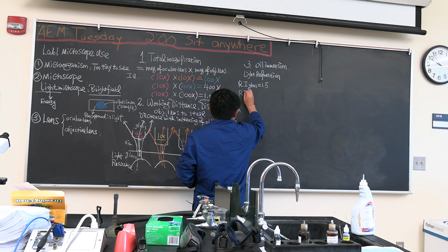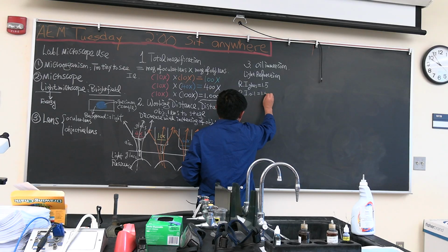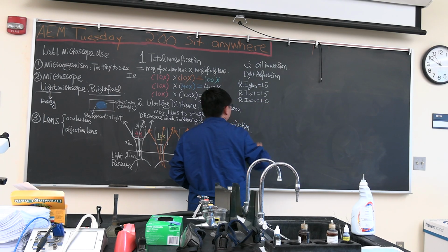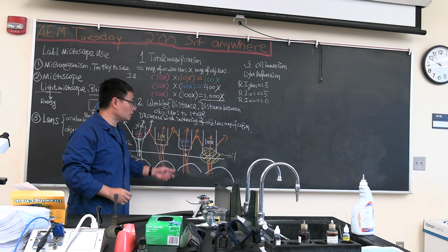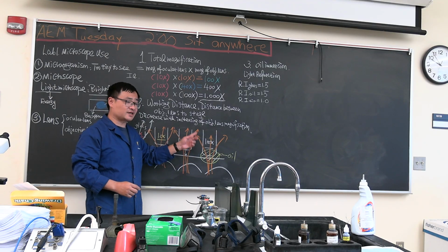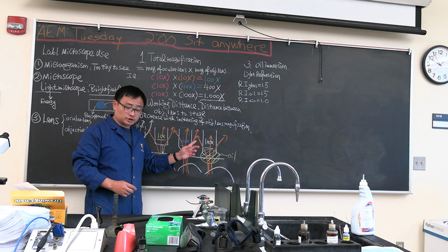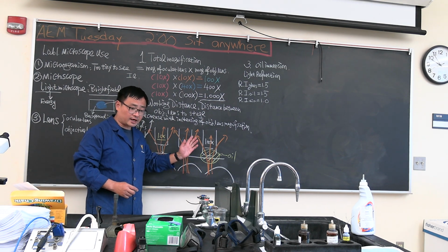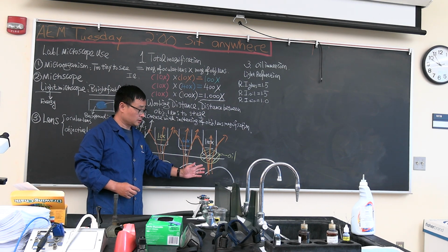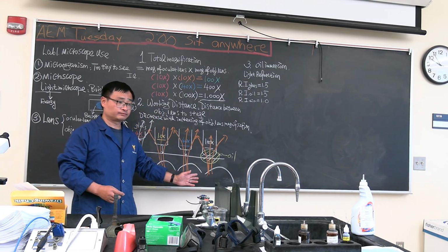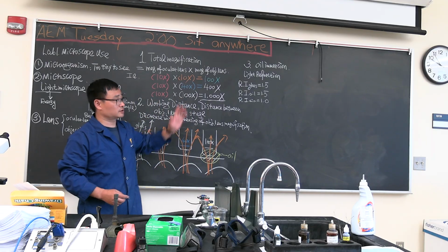The refraction index of oil also equals 1.5. However, the refraction index of air equals 1.0. So once we put the oil there, we remove the air gap. We eliminate or significantly decrease the light refraction because the refraction index of oil and glass are the same. So we think it's the same system.